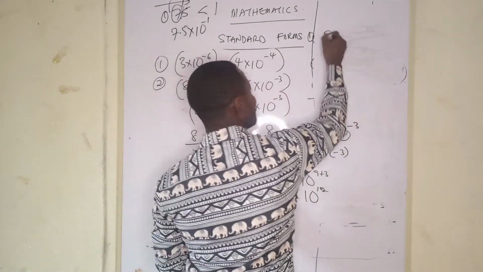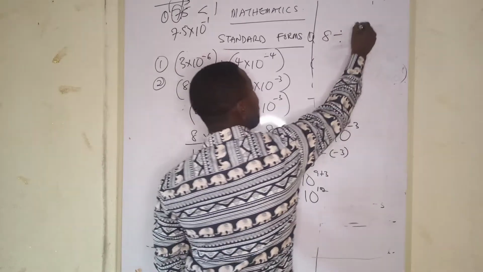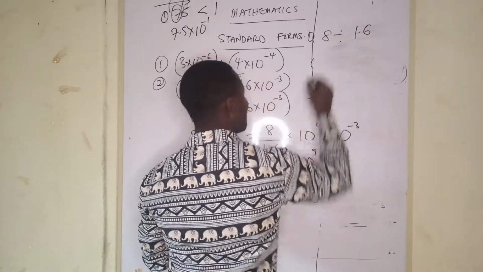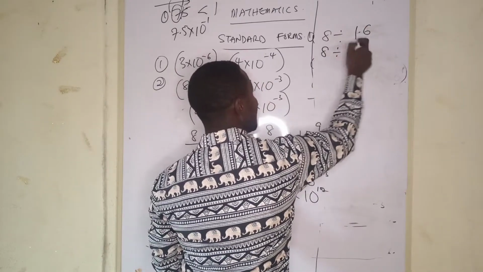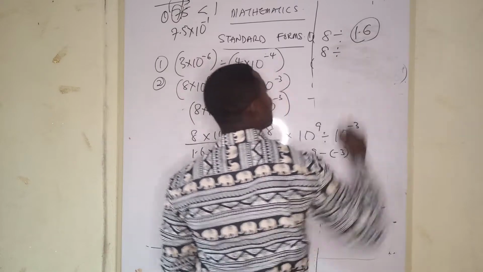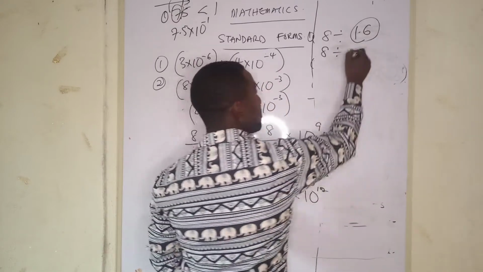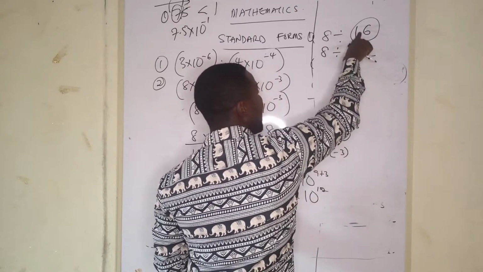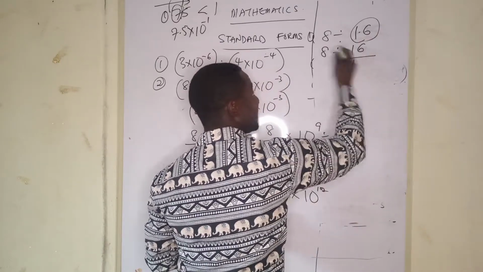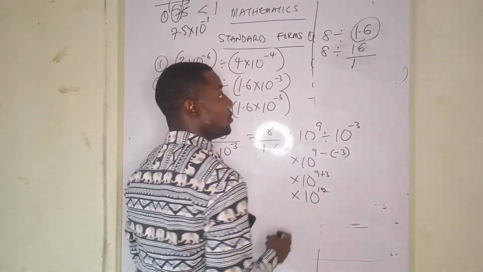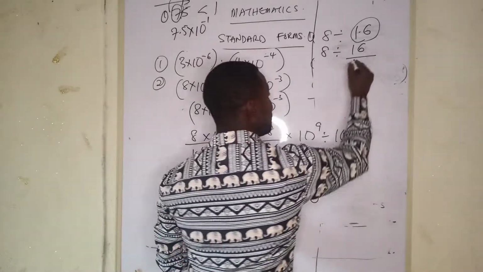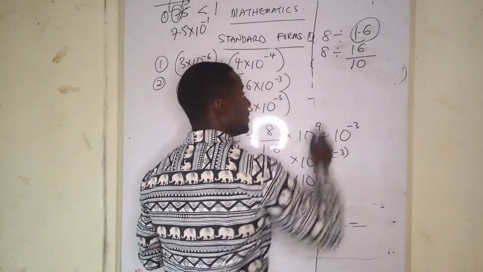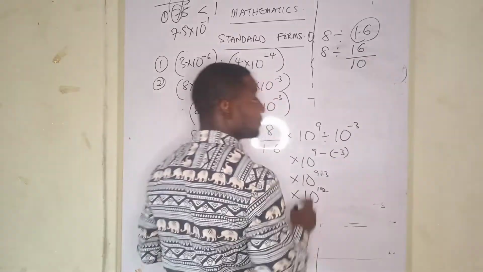We have 8 divided by 1.6. Let's turn it to a fraction. It becomes 16 over, where you have this dot, make it 1. Anything after that dot, make it 0. 16 over 10. 16 over 10 will still give us 1.6.